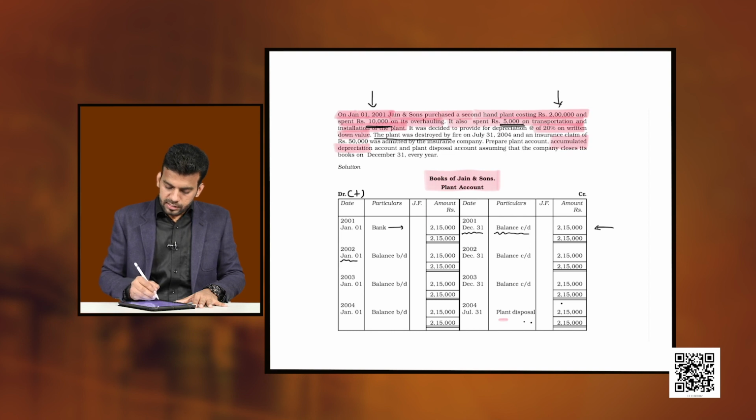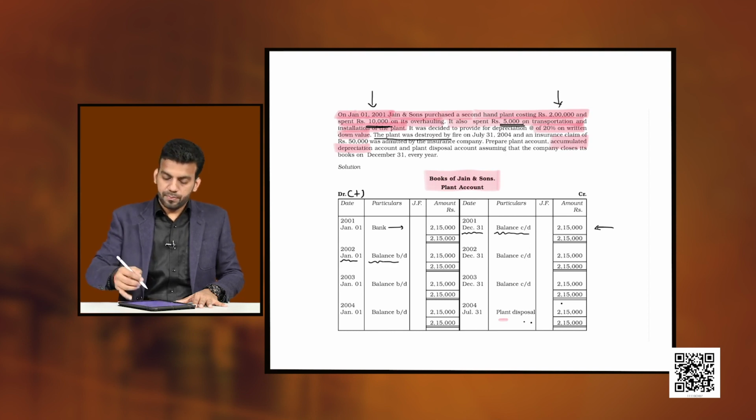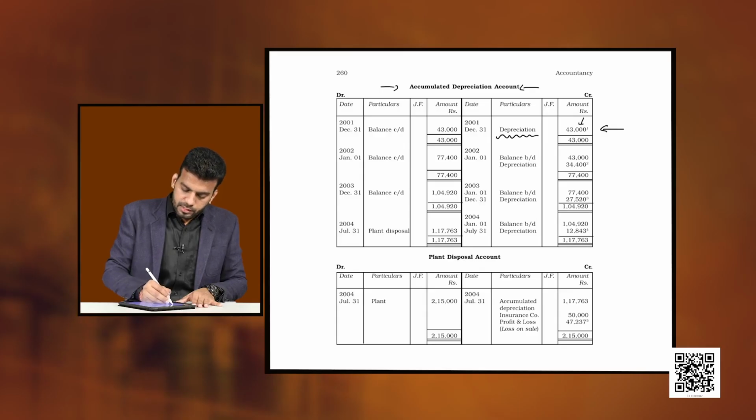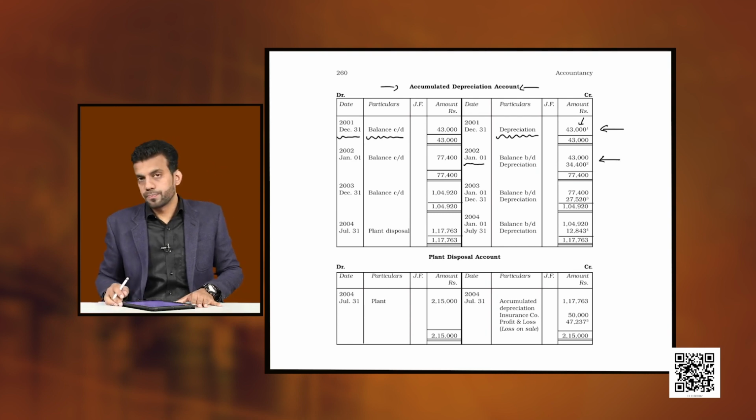So, whatever the CD is, the same is BD, and the same happens to the accumulated depreciation account. As the name suggests, accumulated, we have to collect the depreciation till the date of sale of machine in a separate account. So, this is depreciation for the first year, this is the CD on 31st December, then it becomes BD of 1st January 2002.